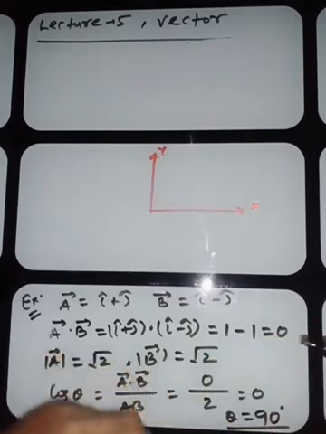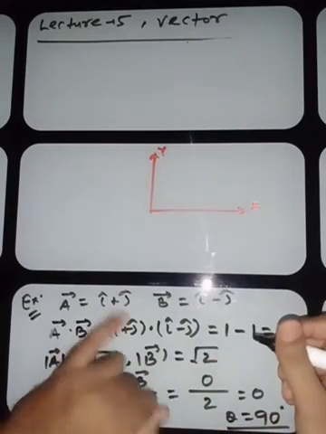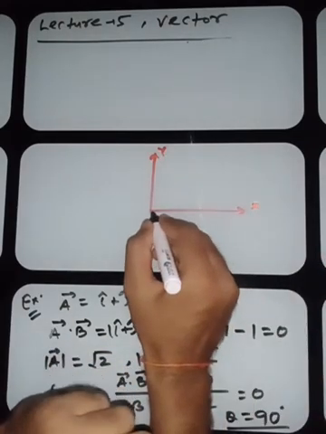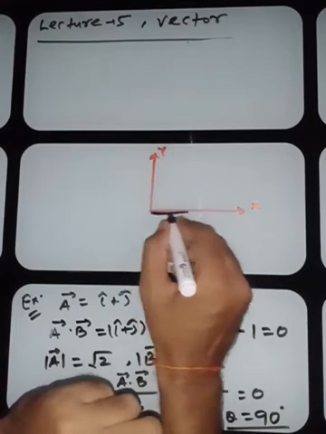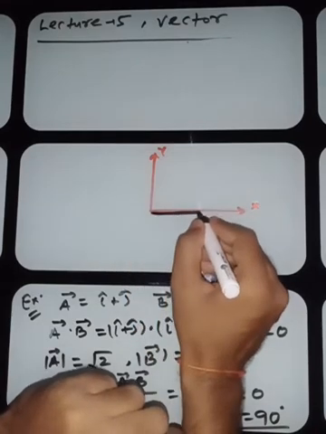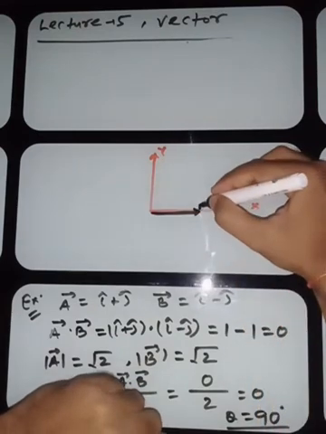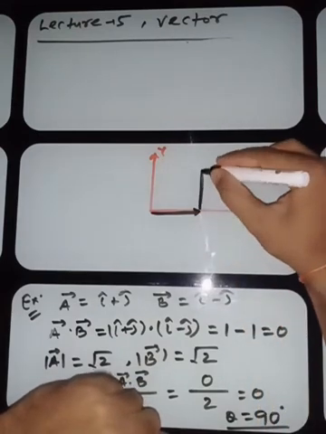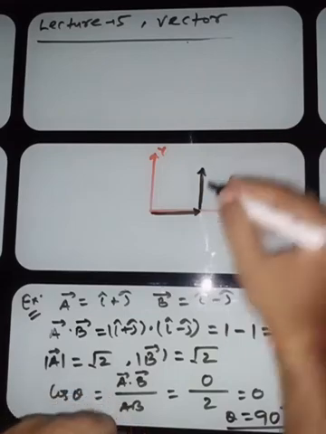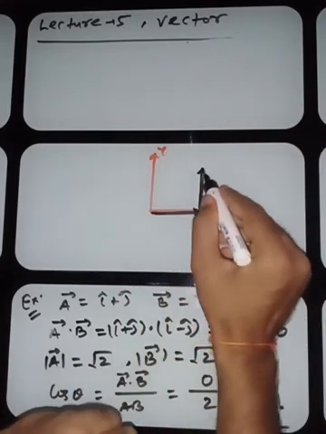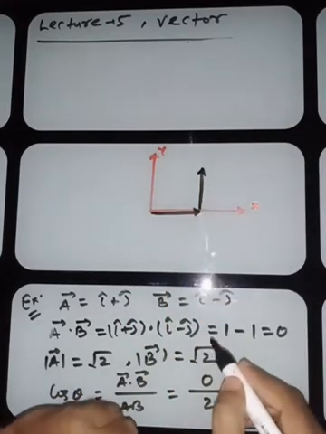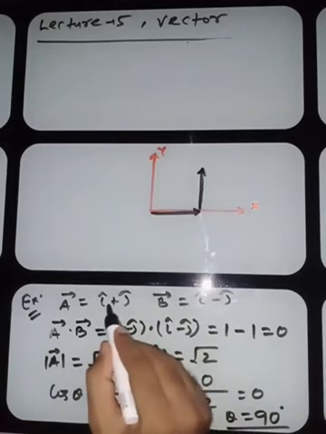So let me draw this vector A. Along the x-axis suppose this is 1 unit, and along the y-axis 1 unit. It is quite obvious that this side and this side are of the same magnitude, because this is 1 and this is also 1.